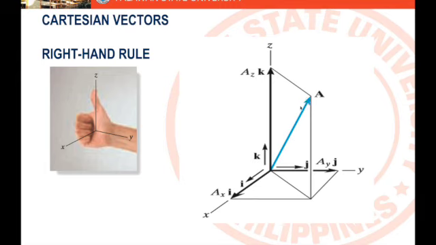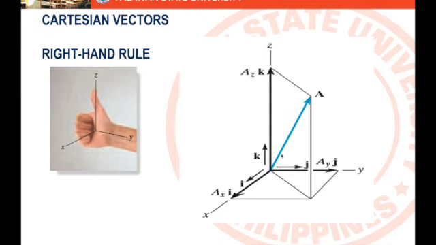As you can imagine, we'll still be dealing with triangles and angles, but this time, unlike in 2 dimensions where we only determine 1 angle, here we will be determining 3 angles. If you can imagine, this is your origin here. Please follow the cursor. This is the arrowhead denoting the direction of your vector.